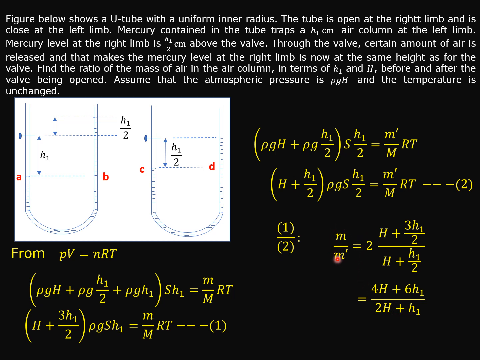That's why this ratio m over m prime is larger than 1. So the mass before the valve is opened and the gas is released is larger than the mass of the air columns after some mass is released by opening the valve. So from here we know that the ratio of m over m prime is larger than 1.